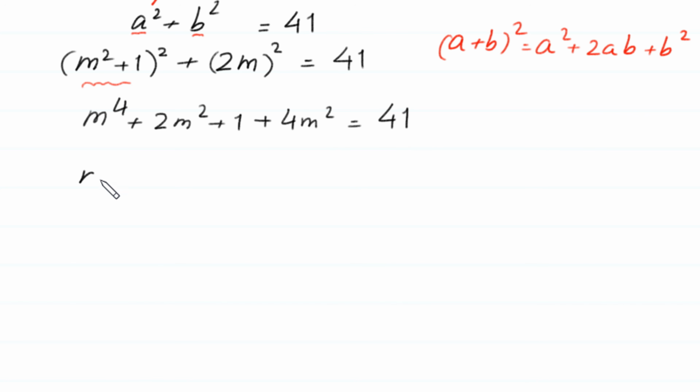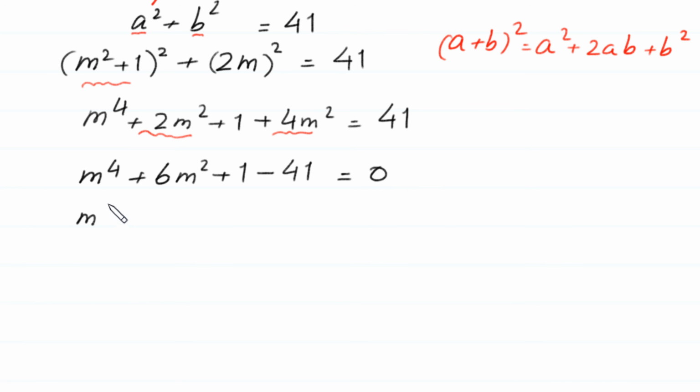Next, m to the power 4 plus 2m squared plus 4m squared, which is 6m squared, plus 1, and we move this 41 to the left side, it becomes negative 41 is equal to 0.